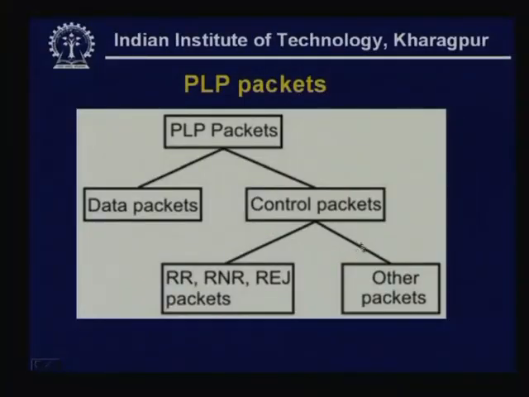I am sorry, congestion control is not used in X.25. Essentially, flow control and error control are performed. Then the other packets are necessary essentially for in-band signaling. As I have mentioned, you have to set up the virtual circuit, perform the data transfer, and disconnect the link. All these things can be done with the help of these packets.